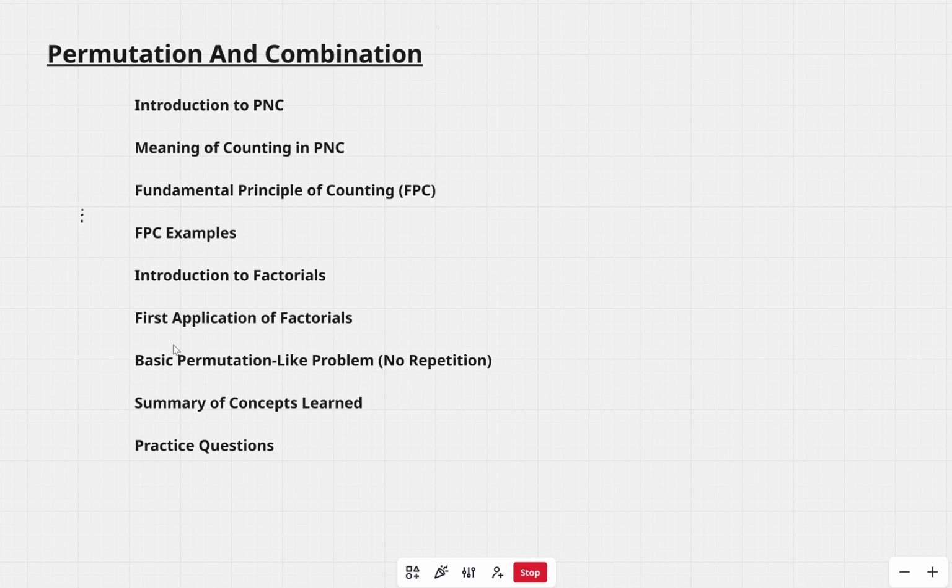Then we're going to see some applications of factorials, and then we'll solve some basic permutation problems with no repetition. I'll talk about what repetition is, and then we'll get a small summary of the concepts we've learned today, and then we'll solve some practice questions. So this is the index for today's video. Let's start with our video.